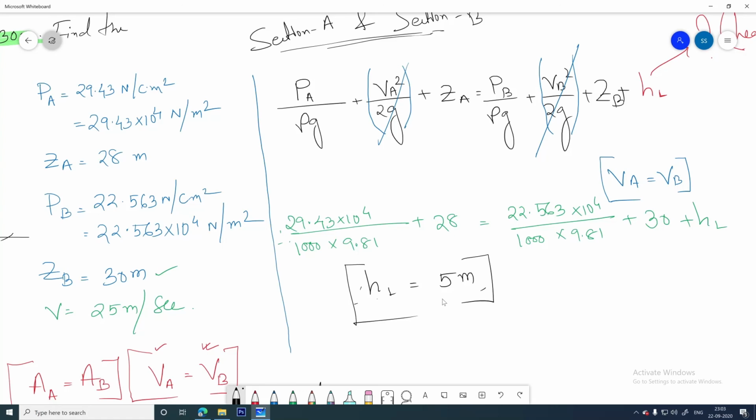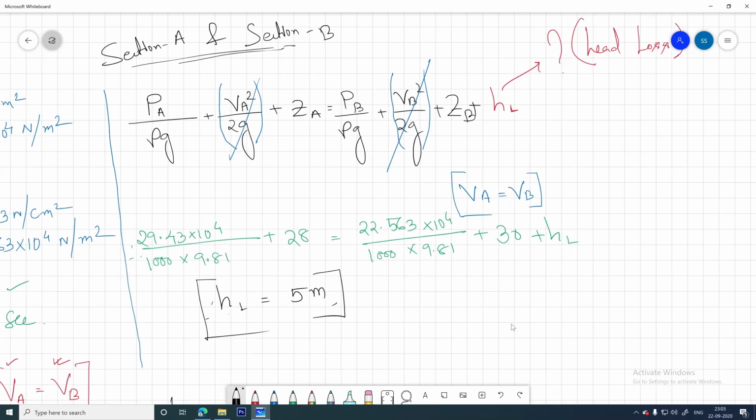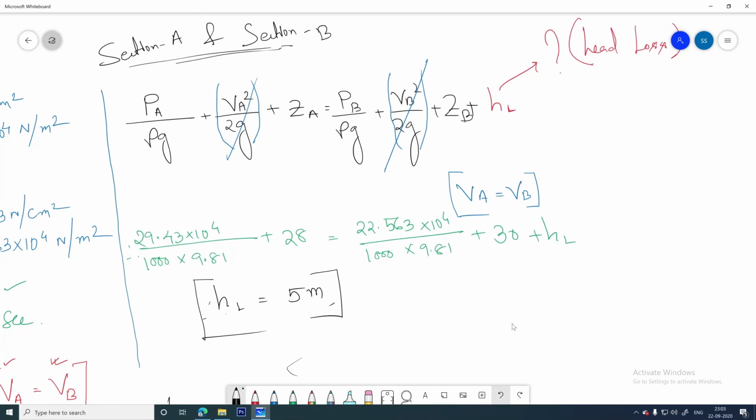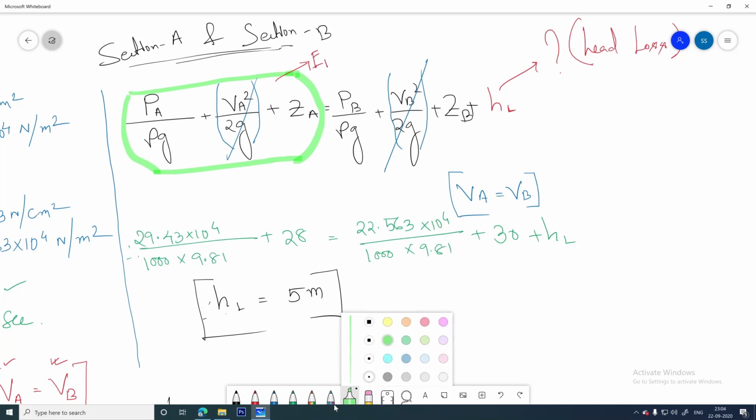So in this way you can determine the head loss from the Bernoulli's equation. One more thing you can do is you can determine the total energy at section A. If you consider the total energy at section A as E1, then you can determine the total energy at section B, that is E2, and this is HL.